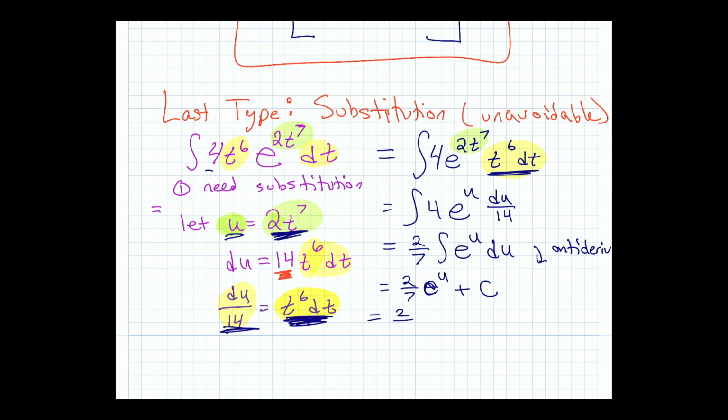So you're going to have 2 over 7 e to the 2t to the 7th plus c. And that is going to be your antiderivative. Okay. All right. So that is my answer there. So that's how substitution looks when you're not writing a bunch of extra steps and explanation.